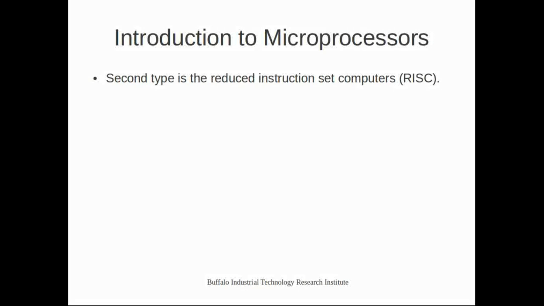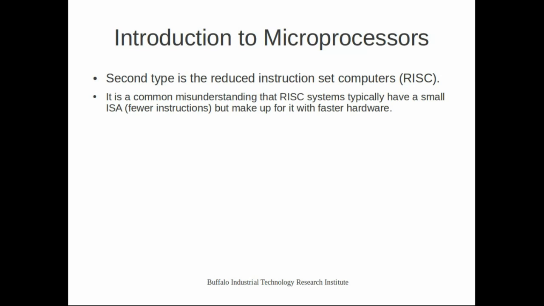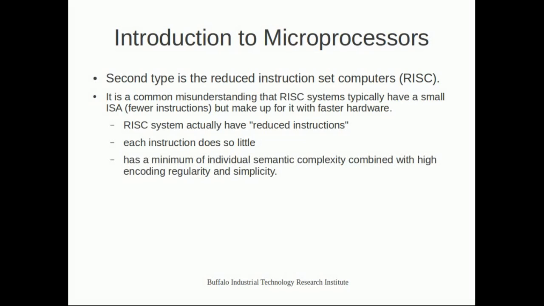Later on in time, the reduced instruction set computer ISA was introduced. These systems were misunderstood: it had a small number of instructions but made up for it with faster hardware. The initial RISC system had reduced instructions. Reduced instructions essentially mean each instruction does very little, with a minimum of semantic complexity and higher encoding regularity and simplicity.